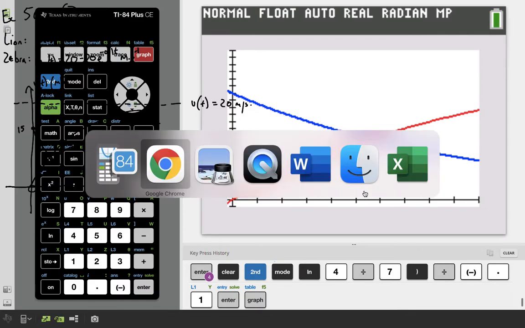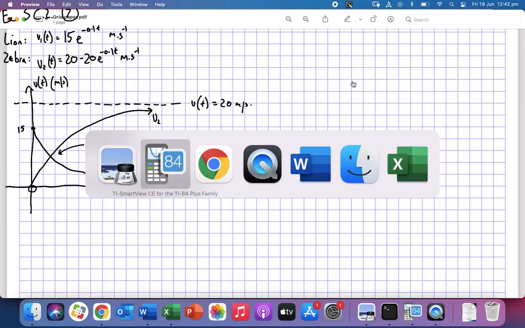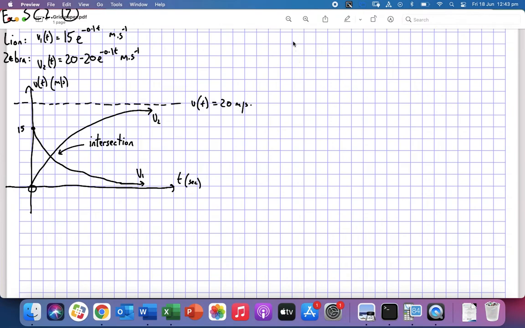All right, let's just do it by hand from the get-go, because the difference in distances covered is V1 minus V2. So we need to do this integral as directed by the book earlier.